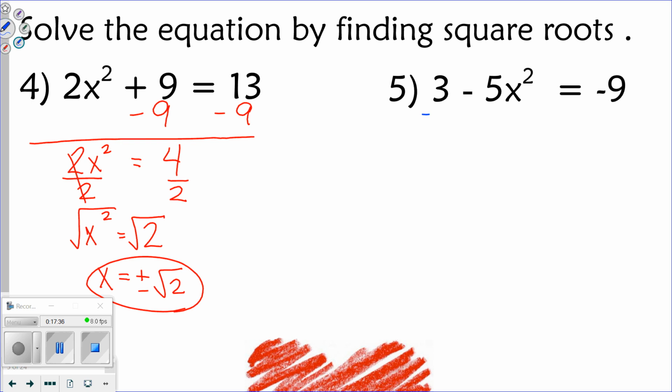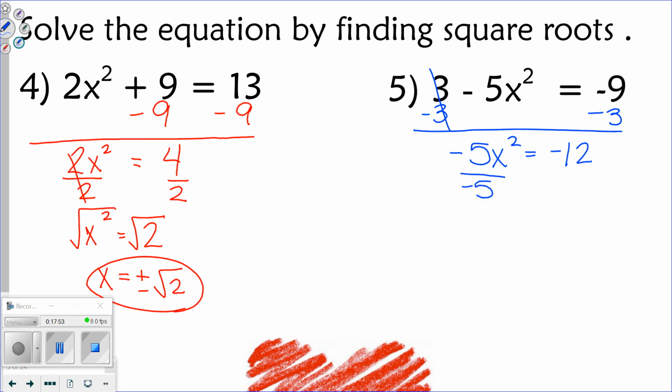So I'm going to subtract 3. So negative 5x squared equals negative 12. Divide by negative 5. So x squared equals, what's negative 12 over negative 5?